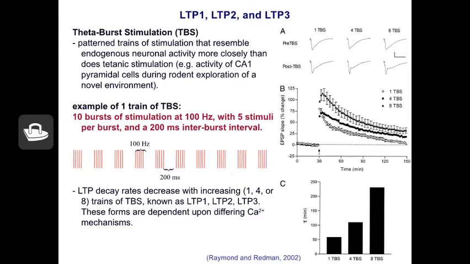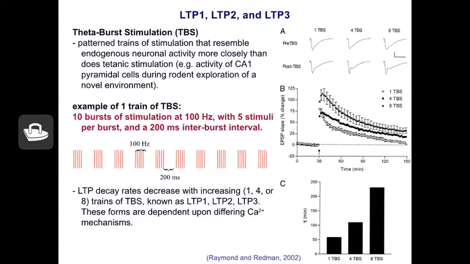The graph at the bottom of the slide depicts the time constant of the decay of potentiation for the LTP1, LTP2, and LTP3 paradigms. The larger the time constant is, the longer is the duration of the potentiation. So you can see that the duration of LTP is greatest when 8 trains of stimulation are administered.